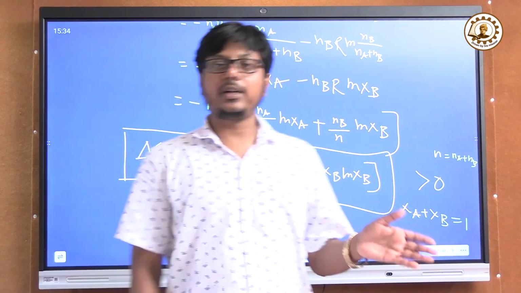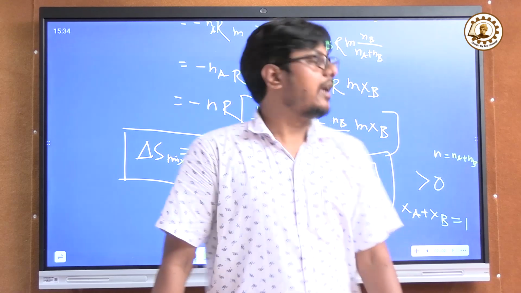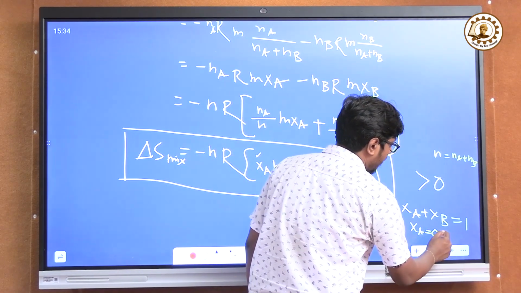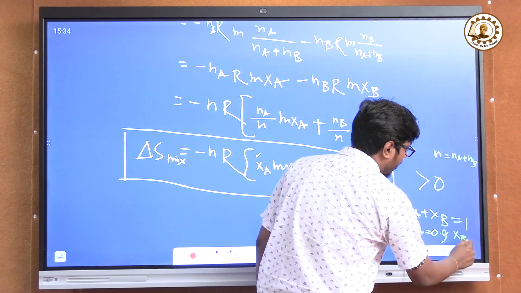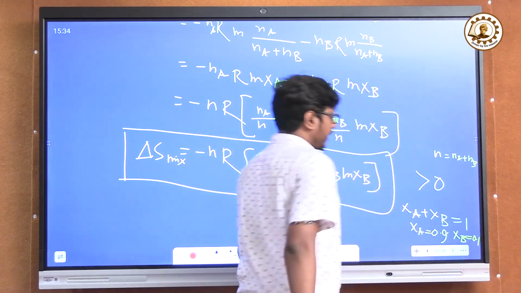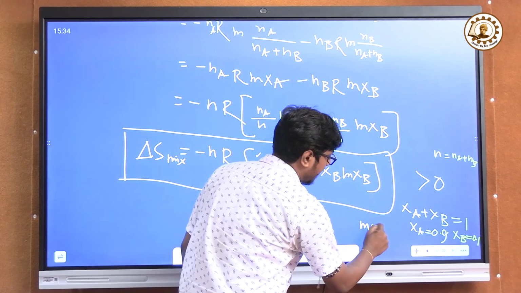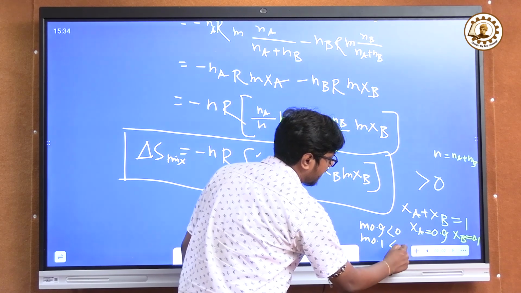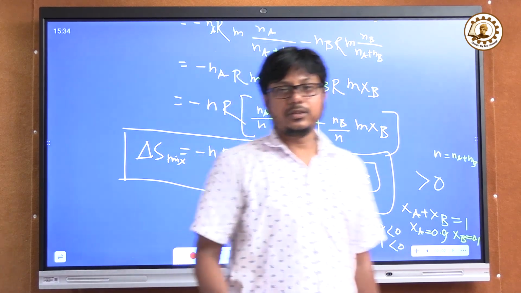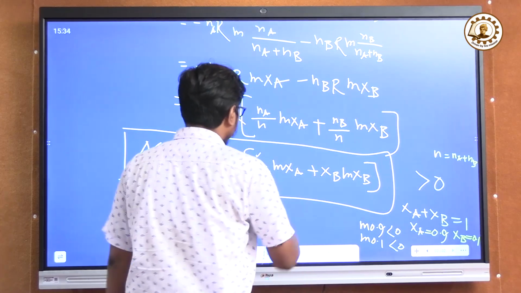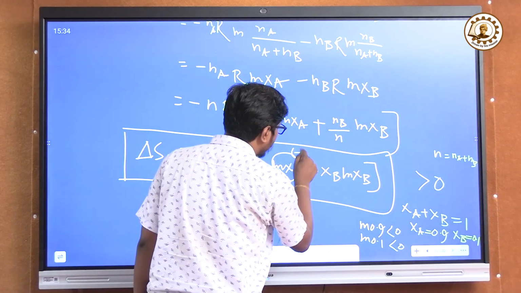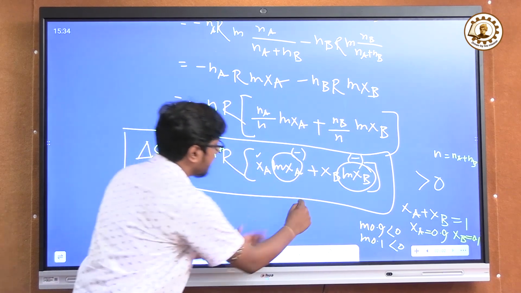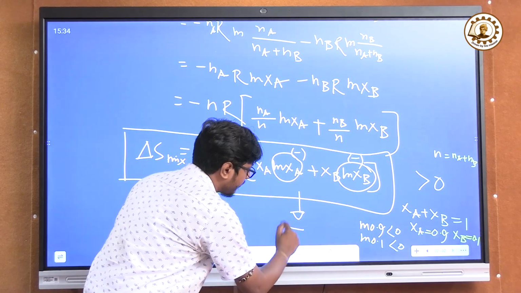Suppose Xa is 0.9, then Xb equals 0.1. Now ln 0.9 and ln 0.1 are also less than 0, so these are negative terms. So the whole term inside is negative.